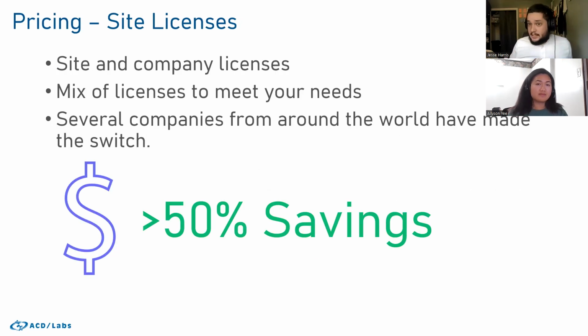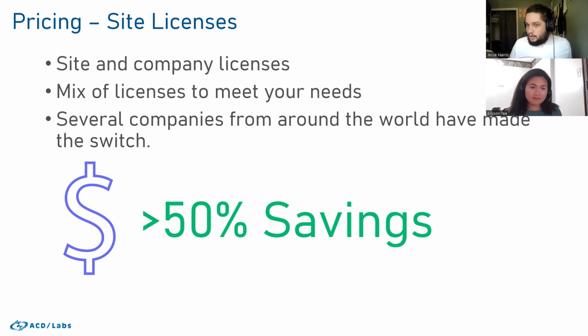For site licenses, this is another thing that's possible. We don't just do it for individual users. If your company wants to switch over to or adopt ChemSketch, this is a way in which you can save a lot more money. We offer site licenses or company licenses. We can also use a mix of different licenses. I talked about those 3 different products, Name, ChemSketch, and Spectrus Processor.